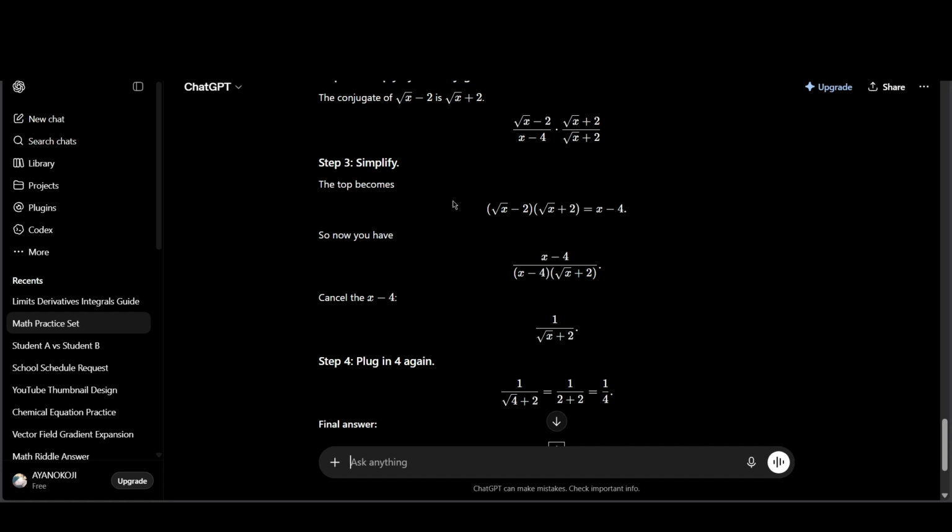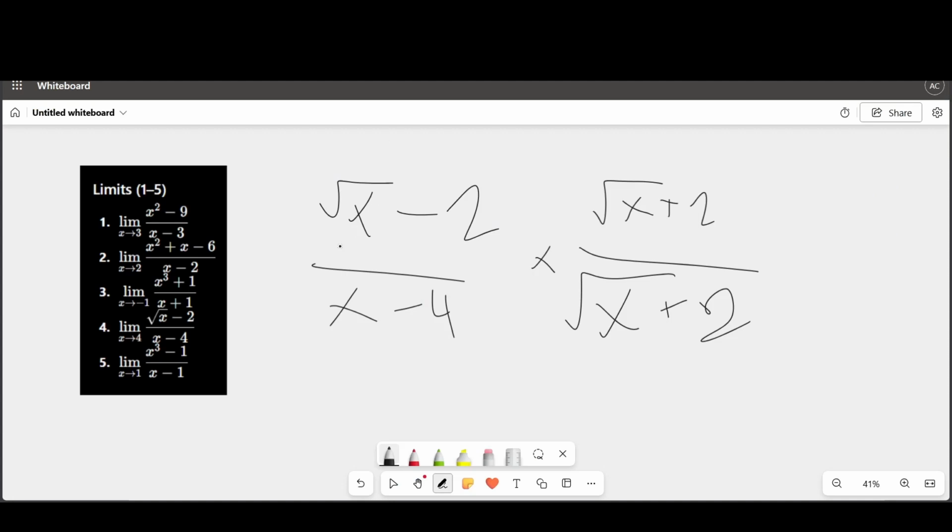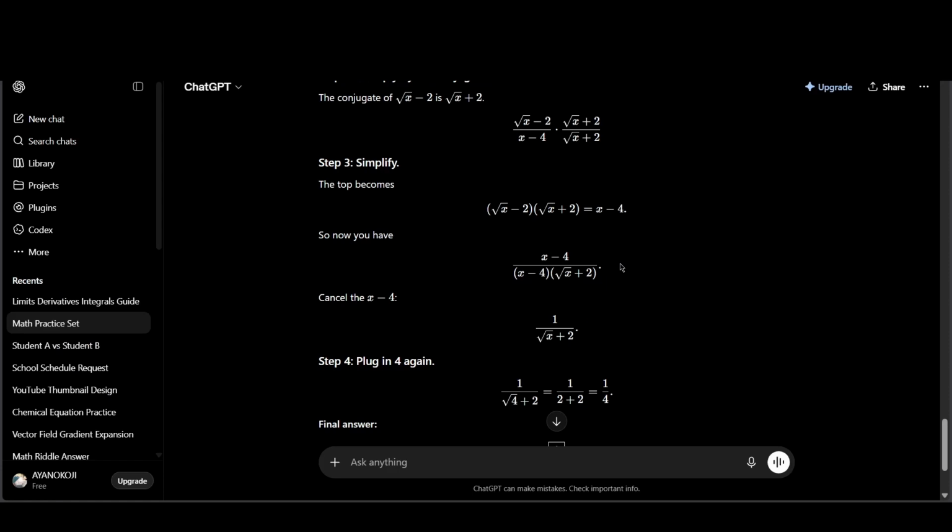Okay, I understand this part, but why do you have the x squared in the denominator? What does that have to do with anything? Cancel the x minus 4. What? If you cancel it, then it's going to be 0. Why is it 1?